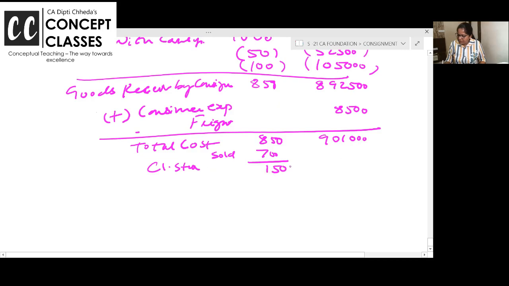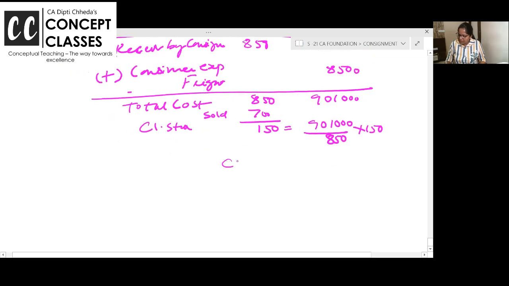So 150 units, the cost is: 9,01,000 is the cost of 850 units. So what is the cost of 150 units? 9,01,000 divided by 850, 1060 per unit into 150.